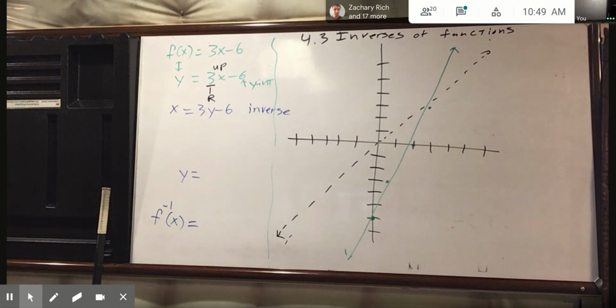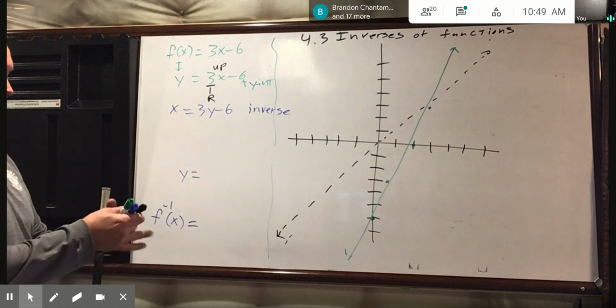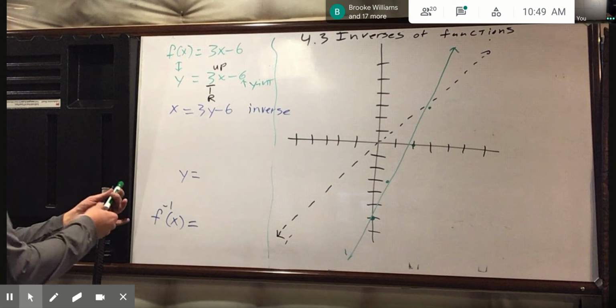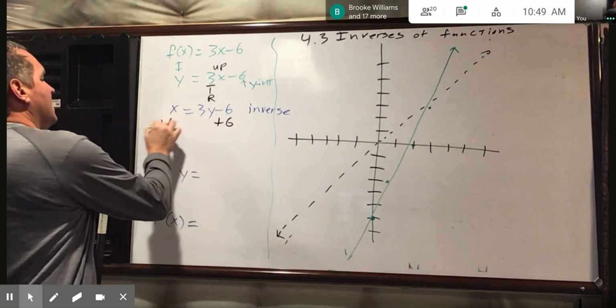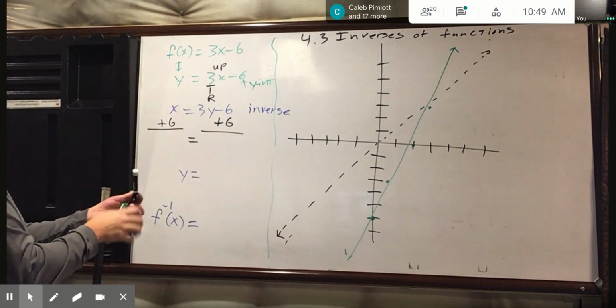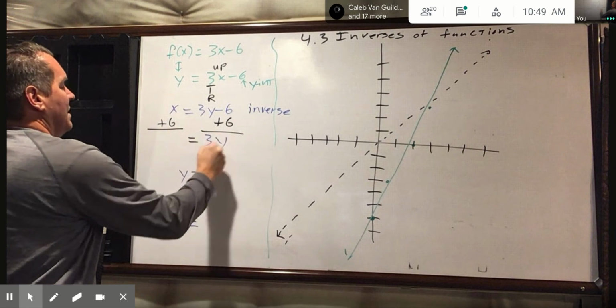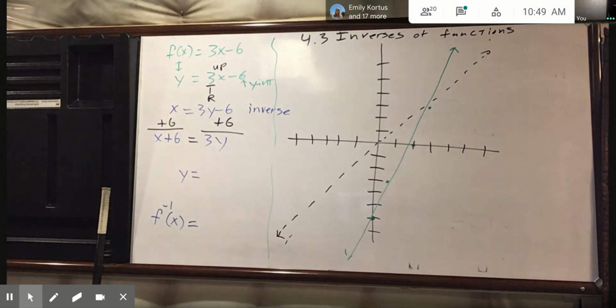We don't have to distribute it. I'll help you out here. We will add 6 to both sides. Opposite of subtracting is adding. So I'll add 6 to both sides, and I'll get 3y equals x plus 6. If you're not seeing the far side of my screen, let me know. I can rotate the camera a little bit more.